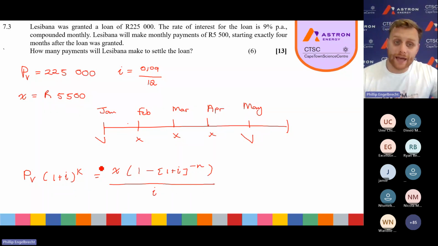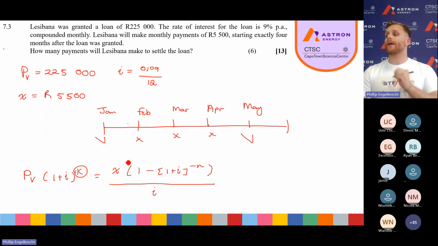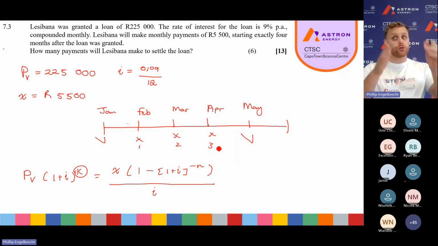Now, guys, k is the amount of payments that I have missed. So how many payments have I missed? I've missed 1, 2, 3 payments. So that amount that I owe the bank is going to grow by 3 months.